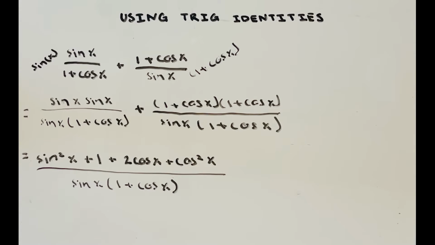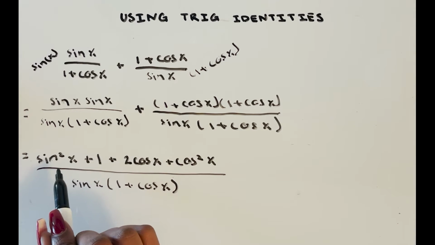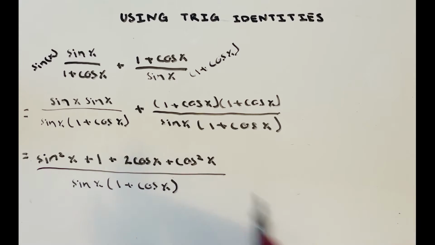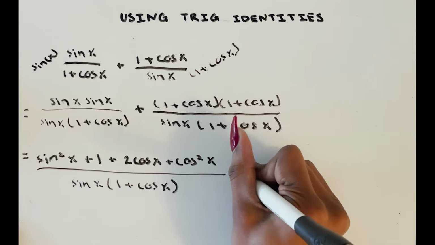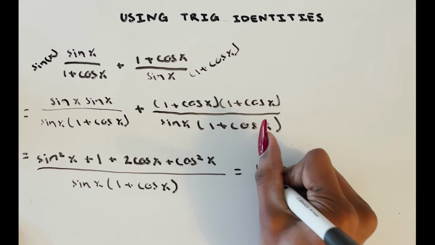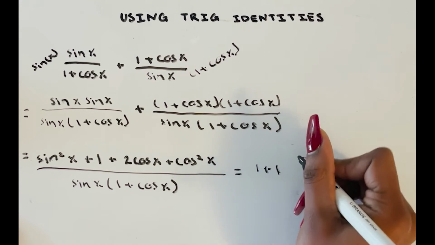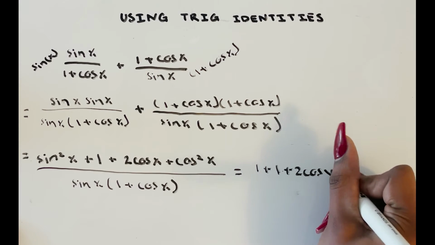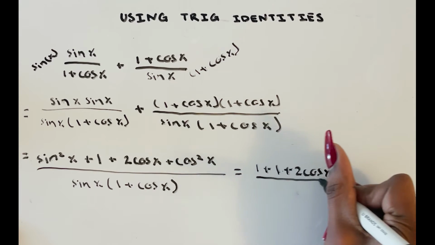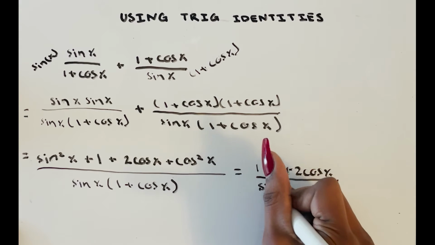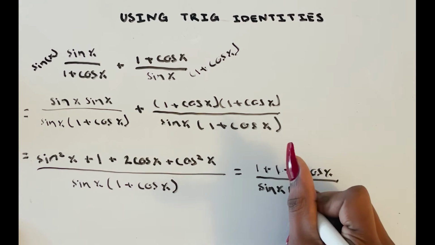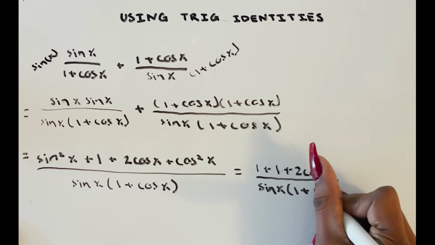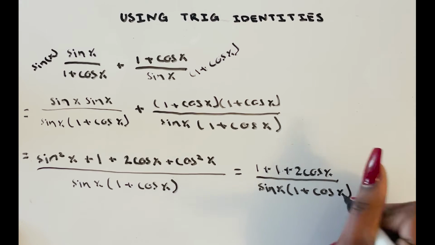In our numerator, we see that we have sine squared of x plus cosine squared of x, and this can be simplified to 1. So let's simplify this a little further to 1 plus 1 plus 2 cosine of x over sine of x times 1 plus cosine of x.